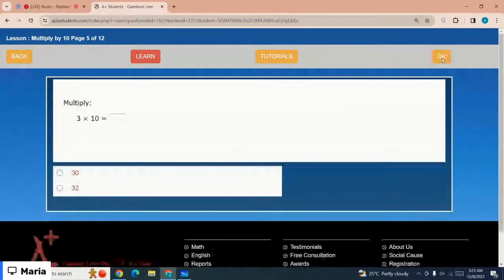Okay, the next one is 10 times 3. So which is the correct option? 10 times 3 equals... Very good. The correct option is 30. 10 times 3 is 30.